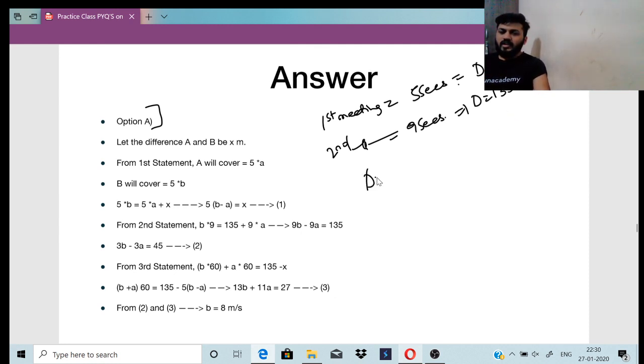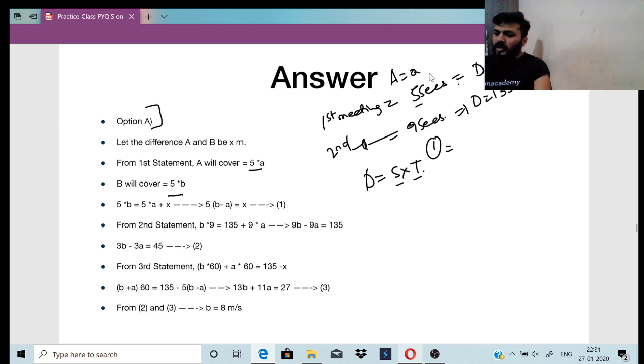So we know d equals s into t, right? D equals S into T. So in the first one, they will cover distances of A and B. The first equation will become 5, that is time, into speed. What is the speed of A?